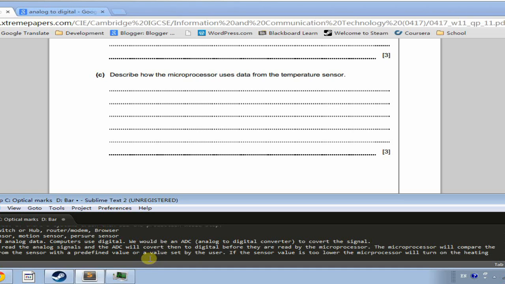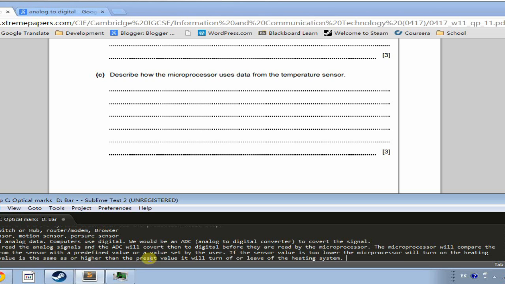If the value is the same as or higher than the preset value, it will turn off or leave off the heating system. Okay, so that's all we're really describing here.